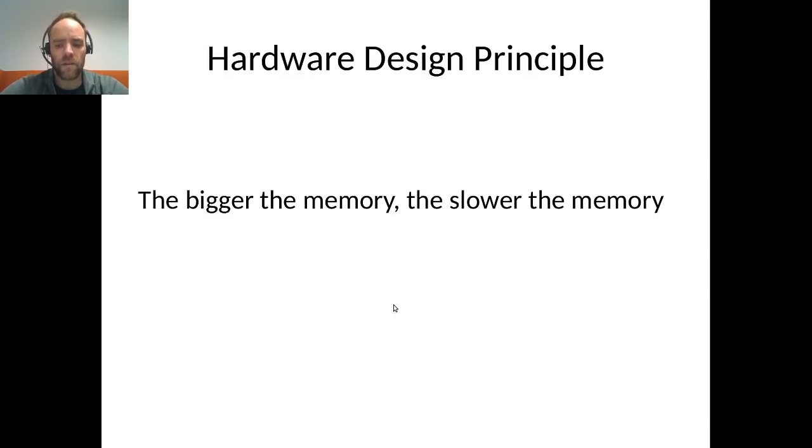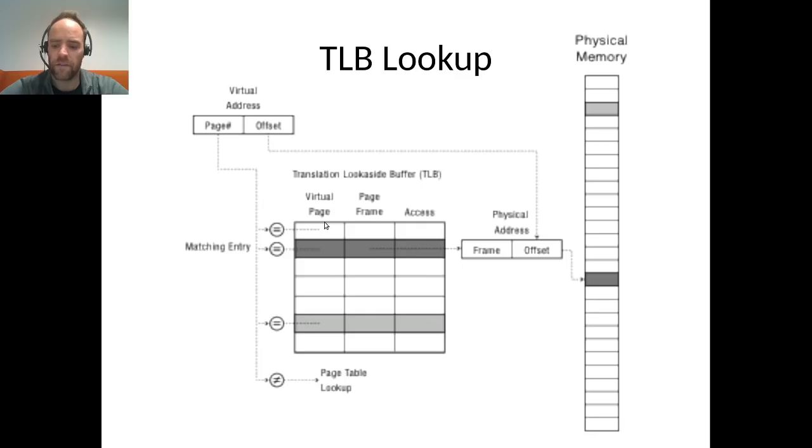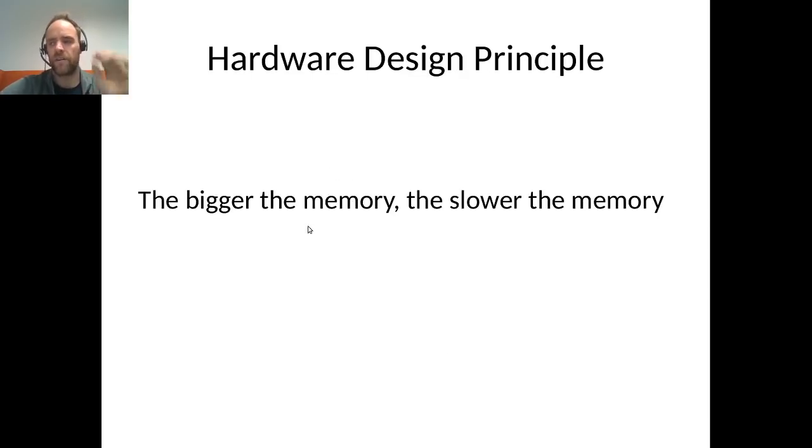As we understand with memories, generally, for example, this TLB is a very small cache, a very fast memory. Generally, the bigger the memory, the slower it is. So we can take the example of an L1 cache, which is very close to the processor core. And as you get farther and farther away from the processor core, the memories get slower and slower.